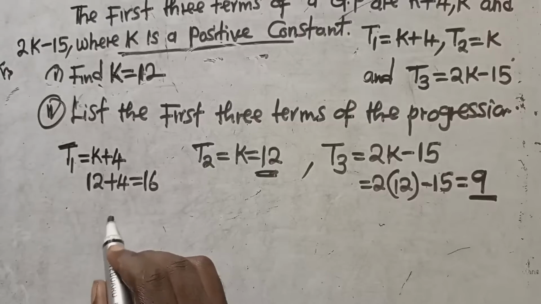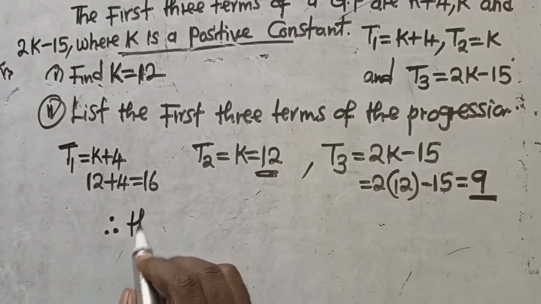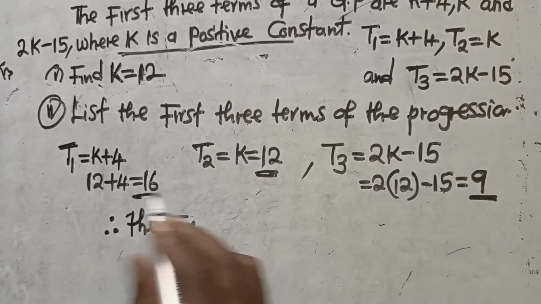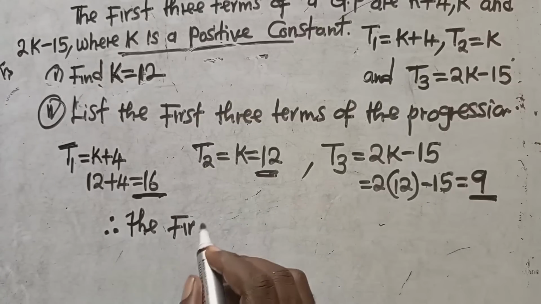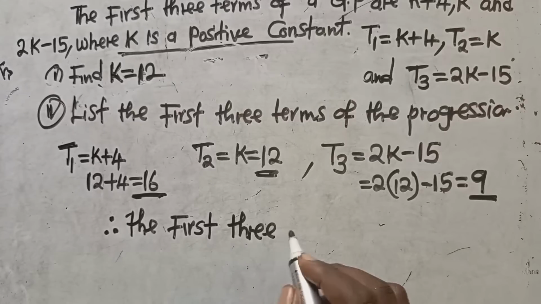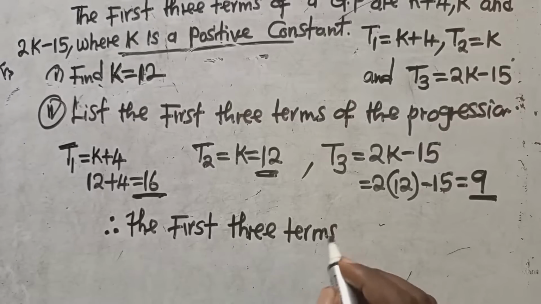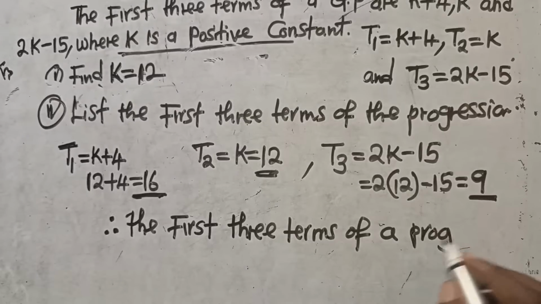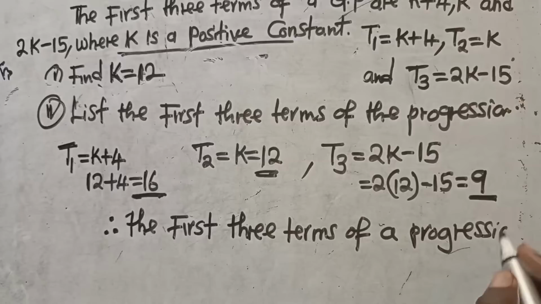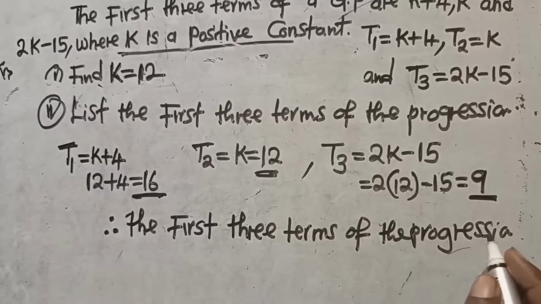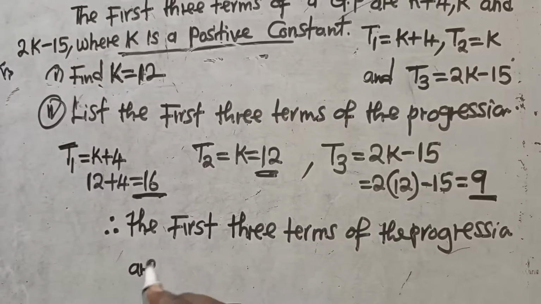So you conclude, therefore, the first 3 terms of the progression are: first one, that is 16.